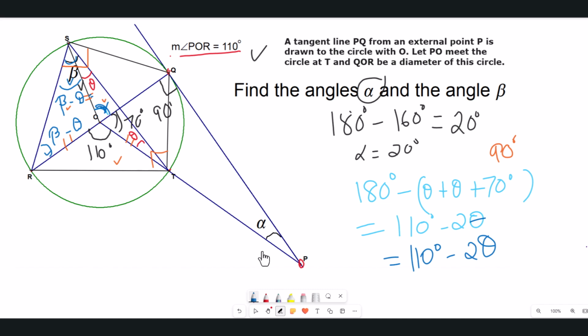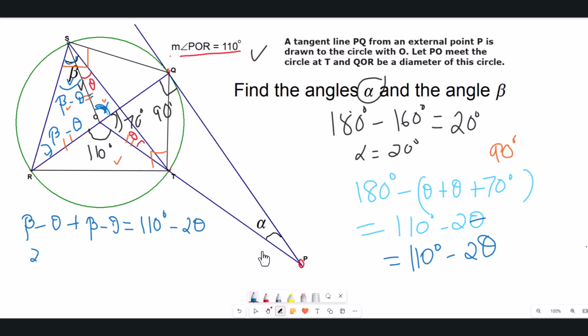So if we take beta minus theta plus beta minus theta, that equals this angle, which is 110 degrees minus 2 theta.